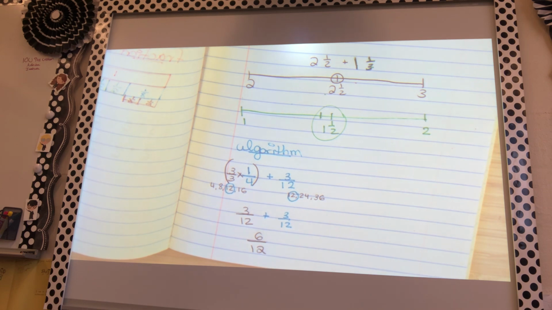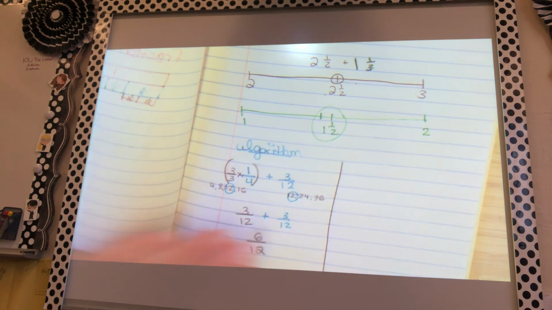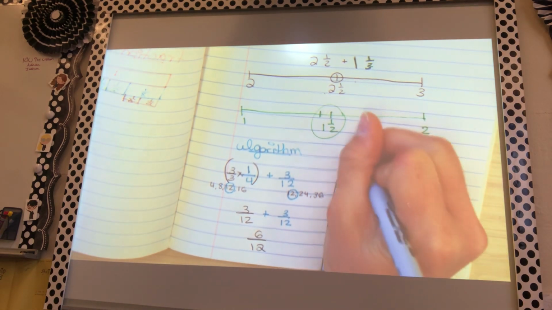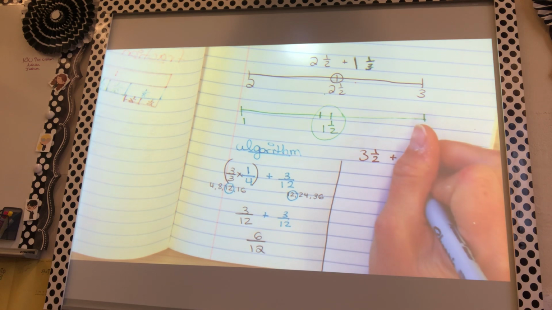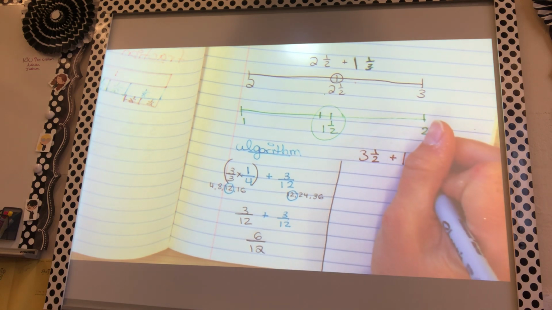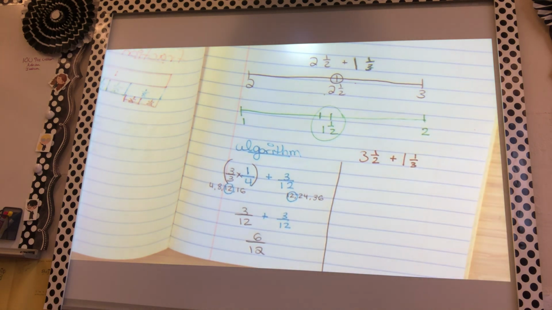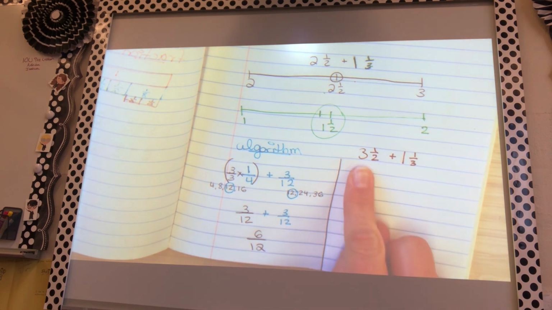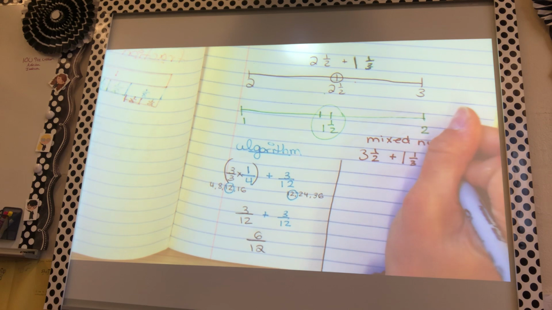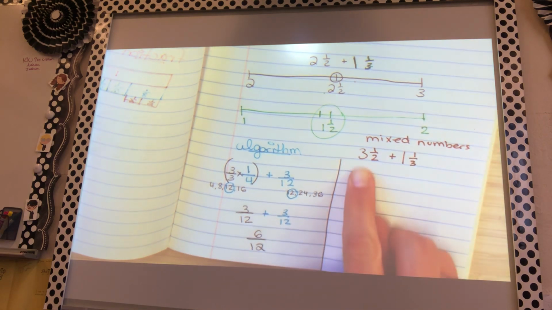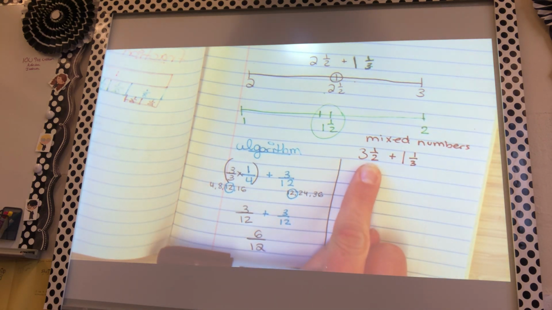And then I know that I may have numbers that look something like this. 3 1/2 plus 1 1/3. And these are called mixed numbers because they're mixed with wholes and fractions less than 1.